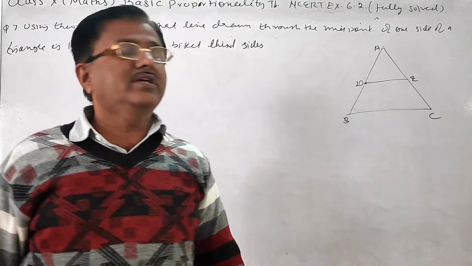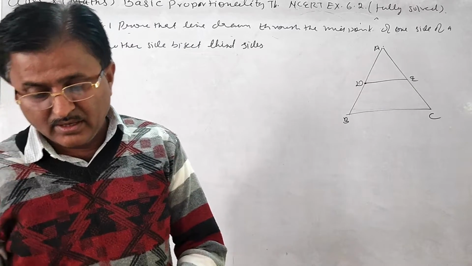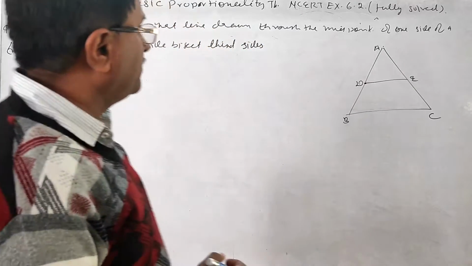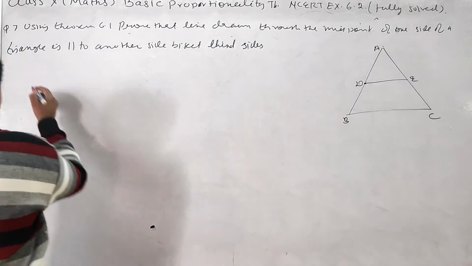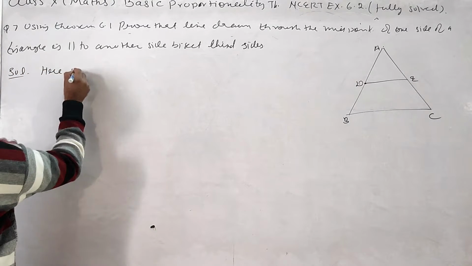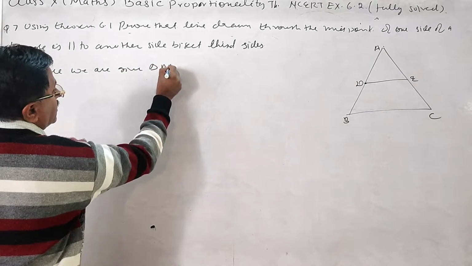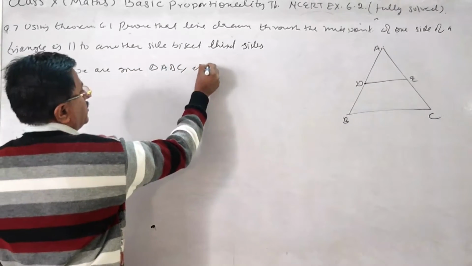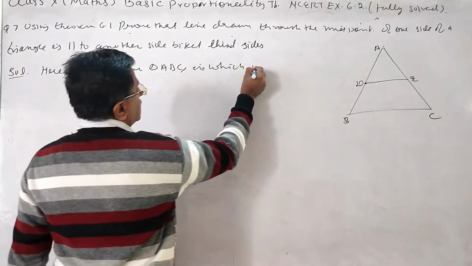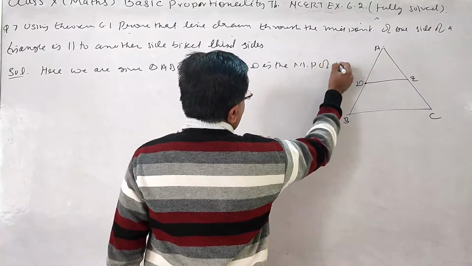So you have already seen the midpoint theorem in 9th class that you have already proved. Now we prove it using this one. So in the solution write, here we are given triangle ABC in which D is the midpoint of AB.